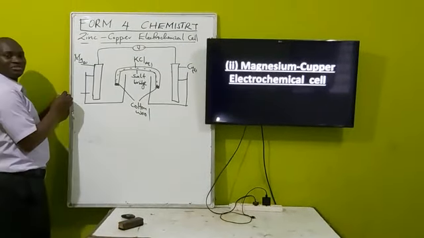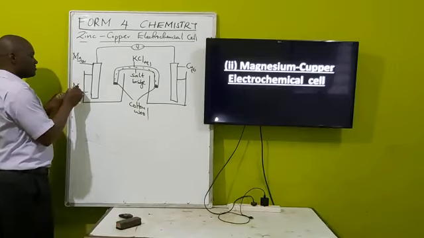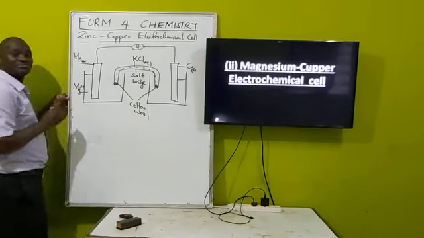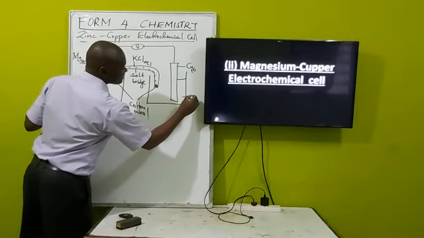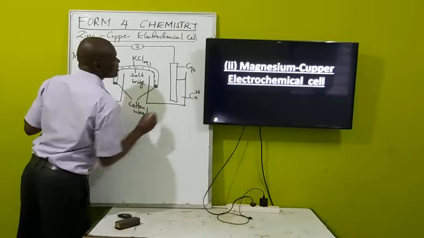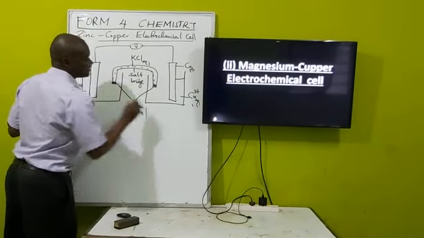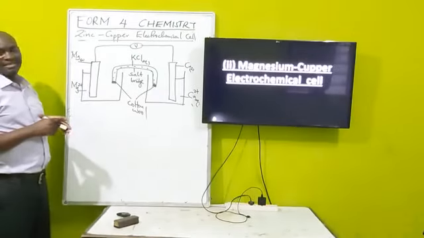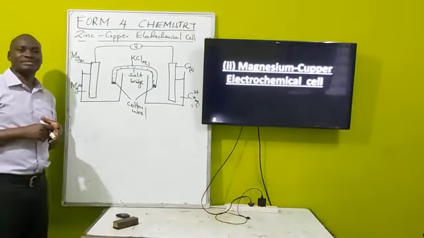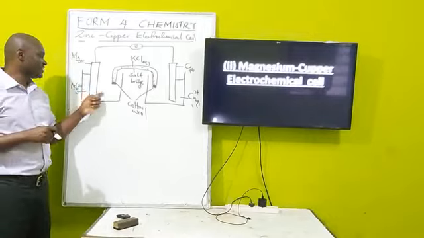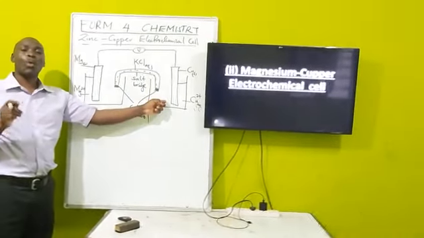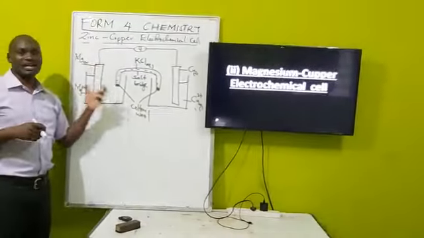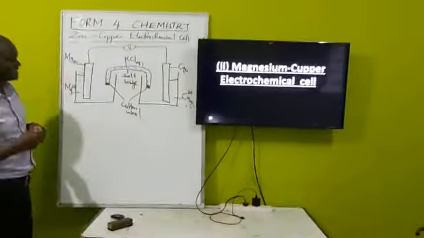This one will be a solution that contains magnesium ions. This one is a solution that contains copper 2+ ions. And we said when you want to measure the electrode potentials, the molarity of these two solutions will be what? 1 molar. The temperature, 25 degrees Celsius.